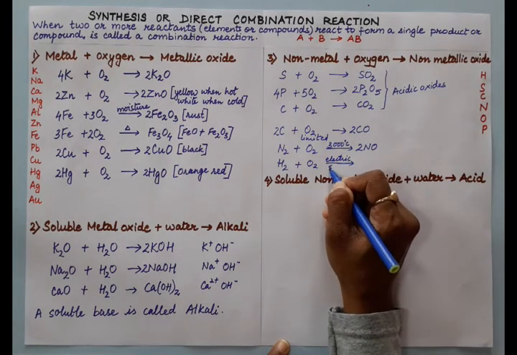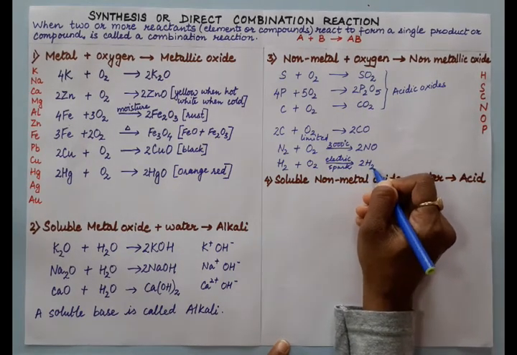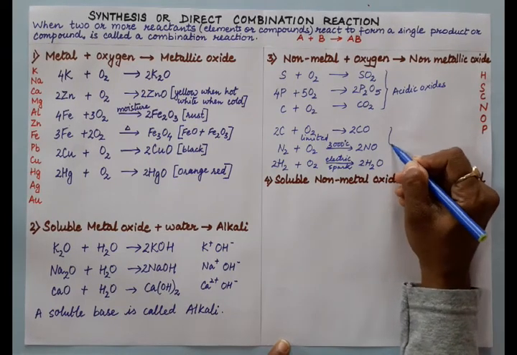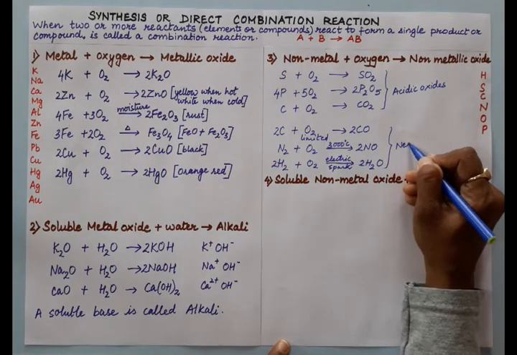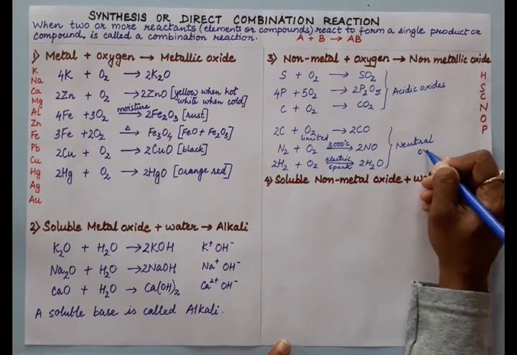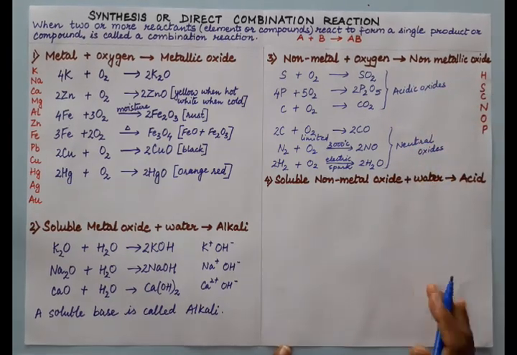We get water, H2O. So these three oxides are neutral oxides. We have studied six reactions: the first three give acidic oxides and the last three give neutral oxides.